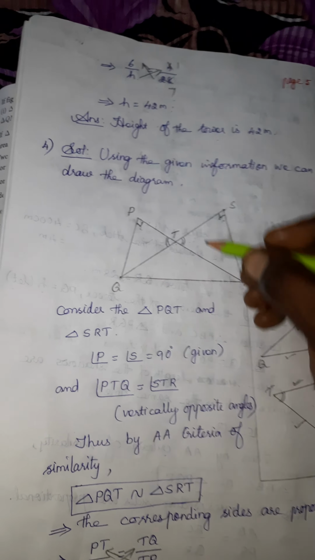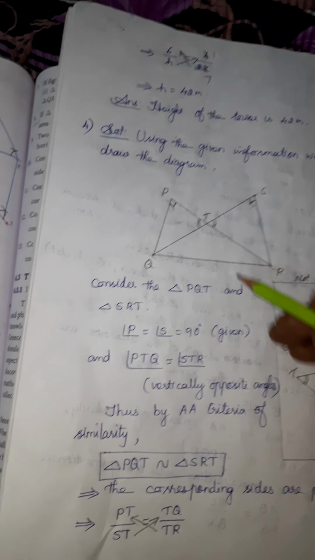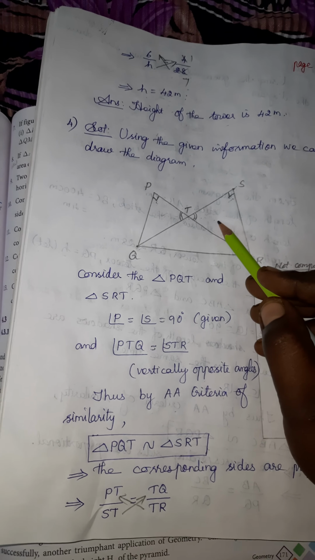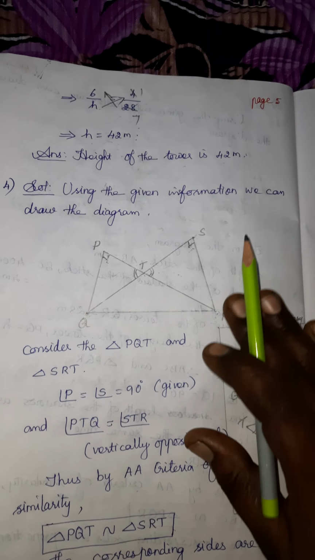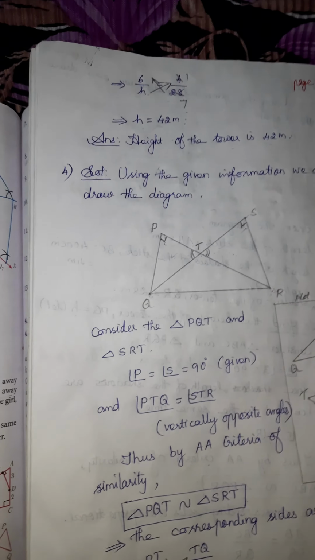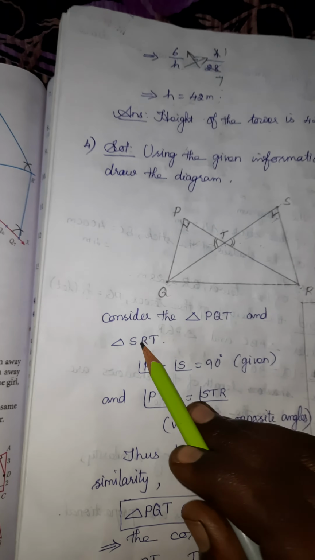Now these two triangles are similar. Since the triangles are similar, the corresponding sides are proportional. Like that way we can choose the ratios of two sides and prove this question. Okay, you see the answer now.